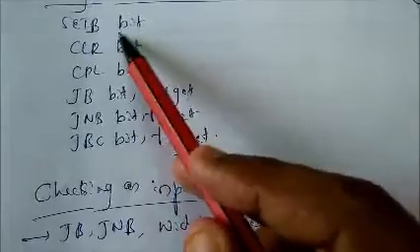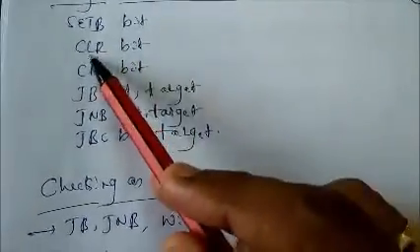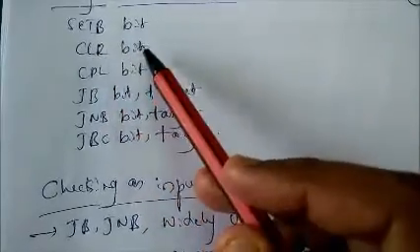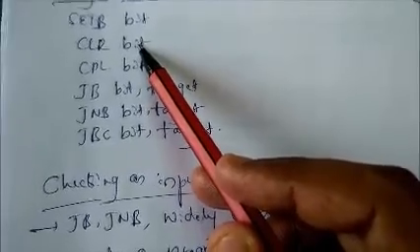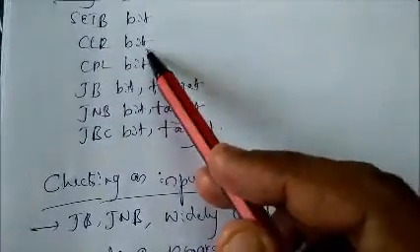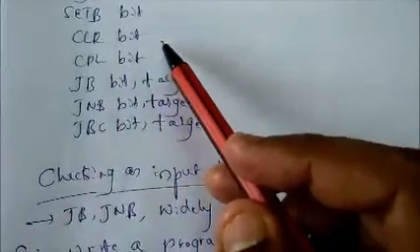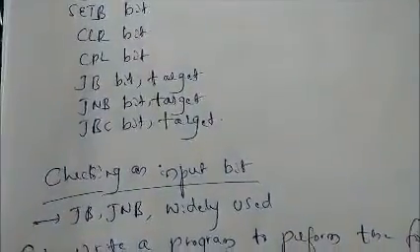Here we are using the port bit, something like P1.2, P1.3. CLR bit means clear: here I am making logically 1, here I am making logically 0 per bit, like CLR P1.2 and P1.1. CPL means complement bit. CPL P1.0 means it will make a complement of the particular port bit.